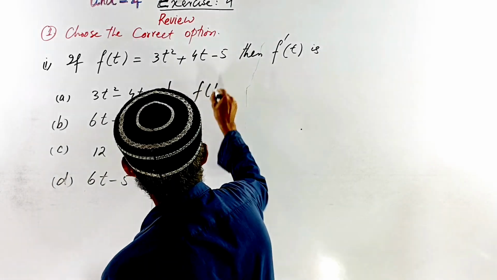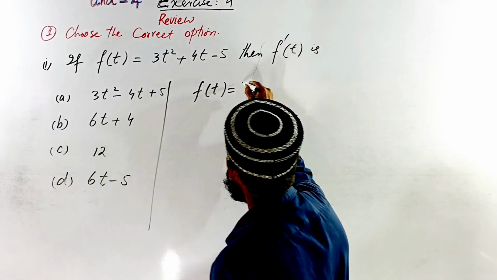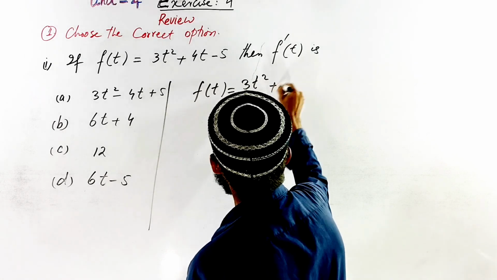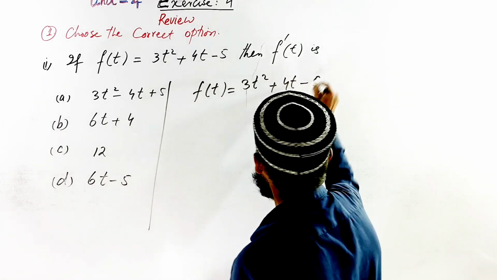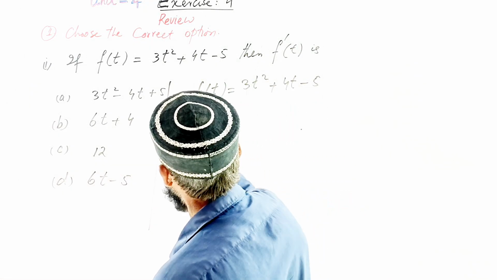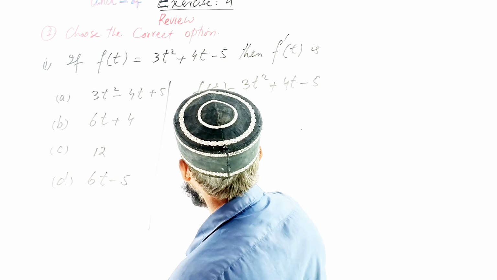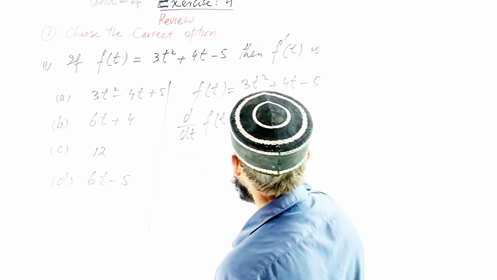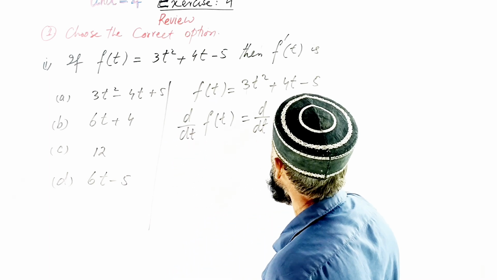f(t) is equal to 3t square plus 4t minus 5. Differentiating, dy by dt, f(t) with respect to t.